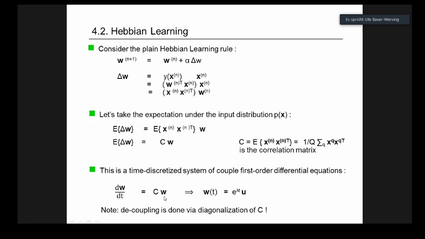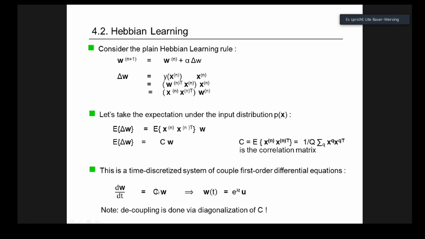If you look at this, you may see that if this is the differential equation that you are going to solve, there is one solution, which is that the weight change over time corresponds to the exponential function with exponent lambda t times u.